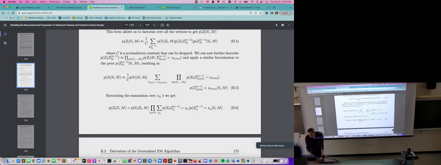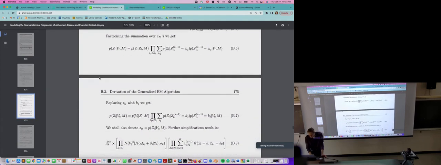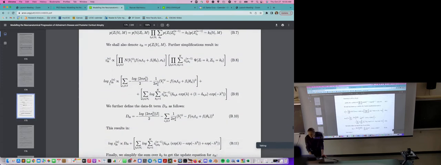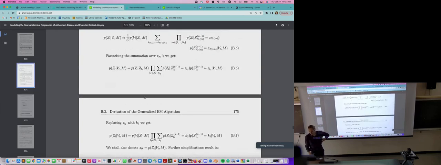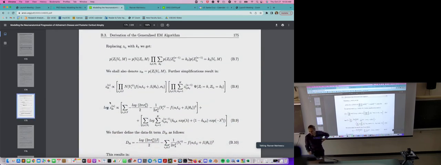I'm not going to go into too many details on this, but you end up with a formula for z_lk. This is again the assignment of a particular point l to a cluster k. I gave you the full derivation for this particular setting. It ends up being the product over all subjects i and j of the likelihood for each subject, and here the product only considers cluster k.